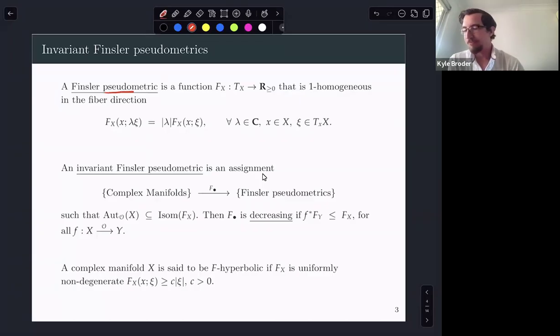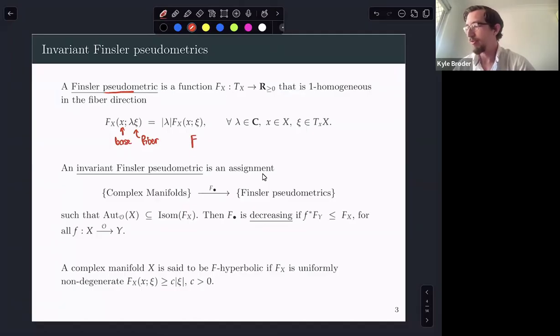It's one of the most general: a Finsler pseudometric is just a function on my tangent bundle, which is non-negative and one-homogeneous in the fiber direction. So here I'll denote the base parameter, and here's my fiber parameter, and all I demand is the following homogeneity. In particular, I don't require it to be convex.